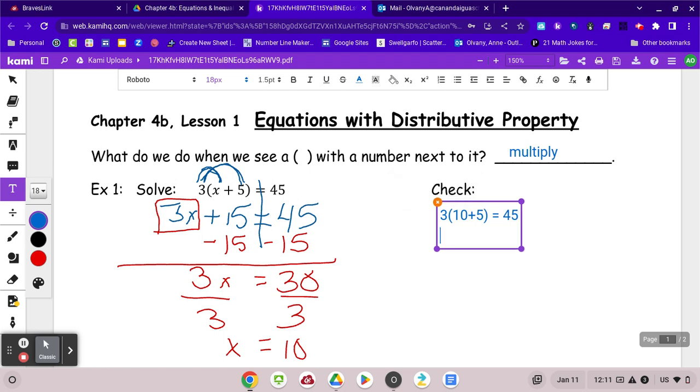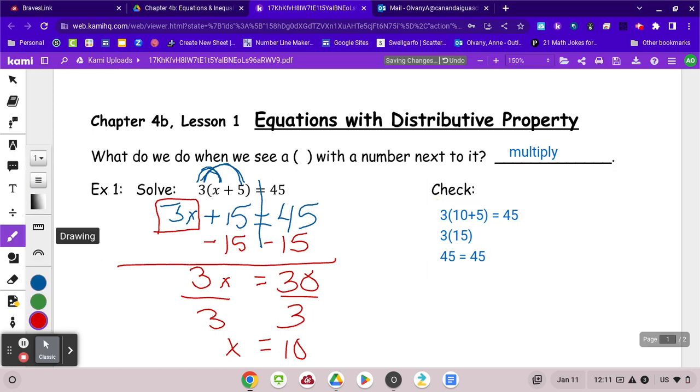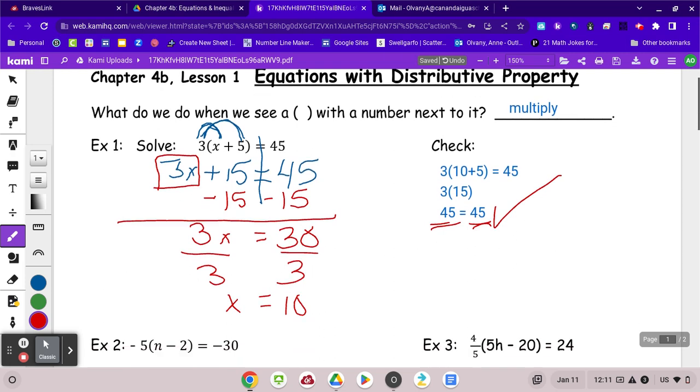You can type this right into your calculator, or you can just know that 10 plus 5 is 15. And 3 times 15, when you type that into your calculator, does give you 45. So I get 45 on both sides. You do have to show that the two sides are the same, and I'm correct.